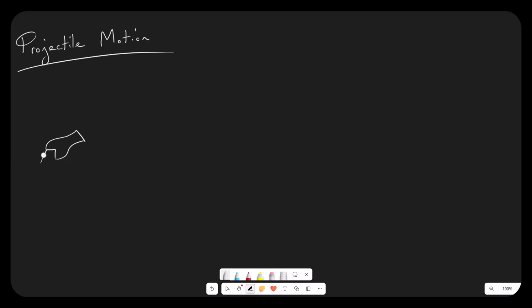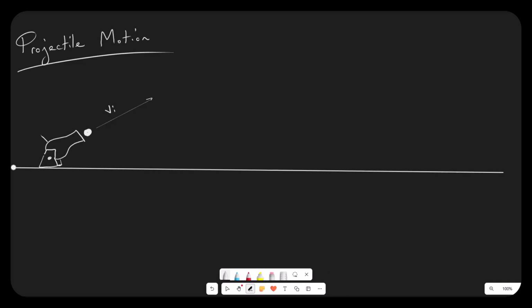We have the cannon, and we are going to take this and launch something or other, maybe a cannonball, hopefully a cannonball, up at some angle. We'll call that our V initial, and the sorts of things that we get with projectile motion are, where does this thing land?